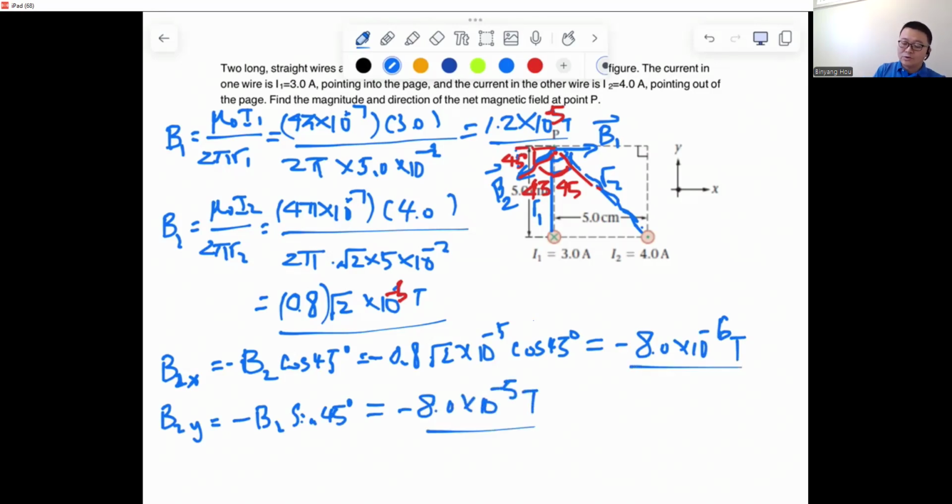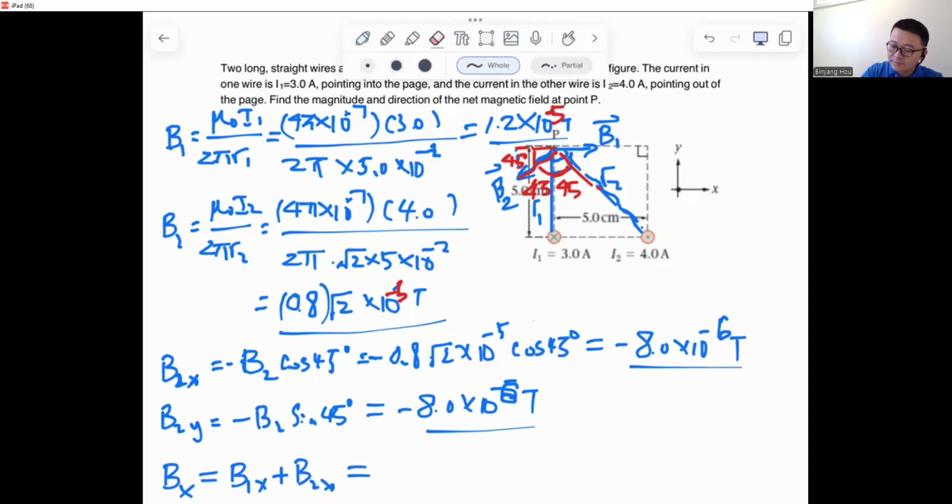Now the total B of total x should be B1 x plus B2 x. B1 x is everything of B1, so it's 1.2. Oh, this is minus 6. Sorry, not minus 5. So minus 6.